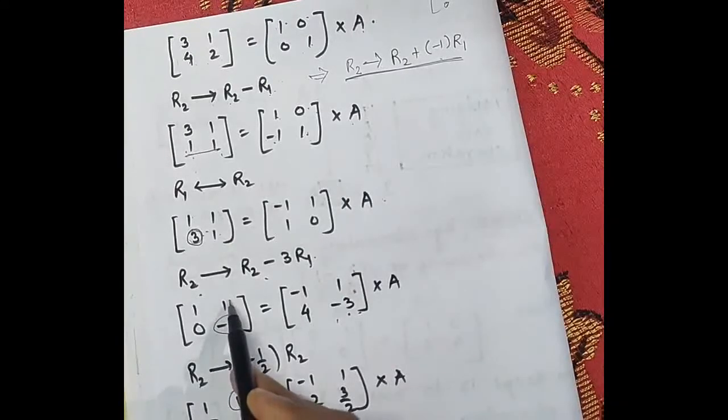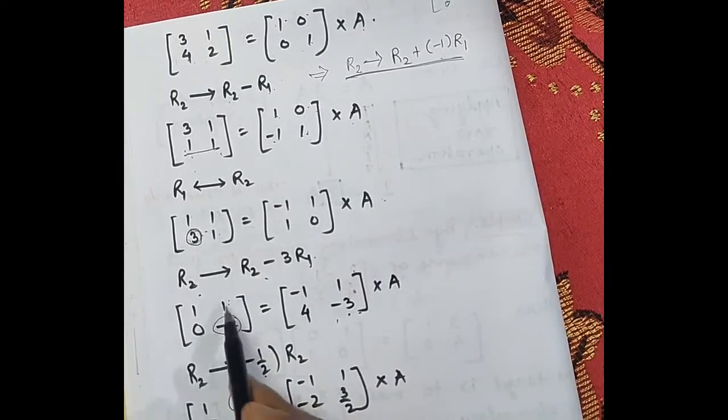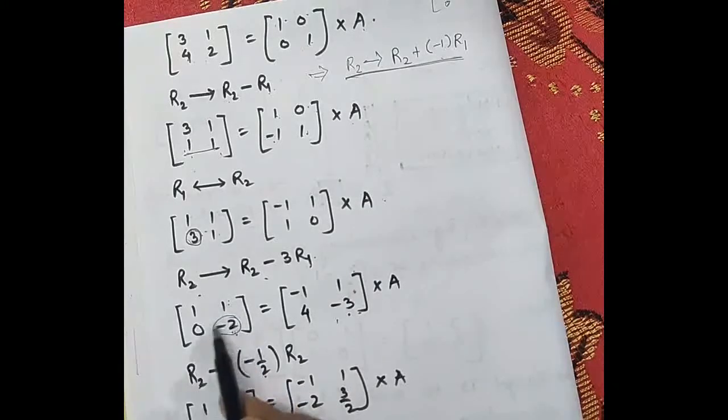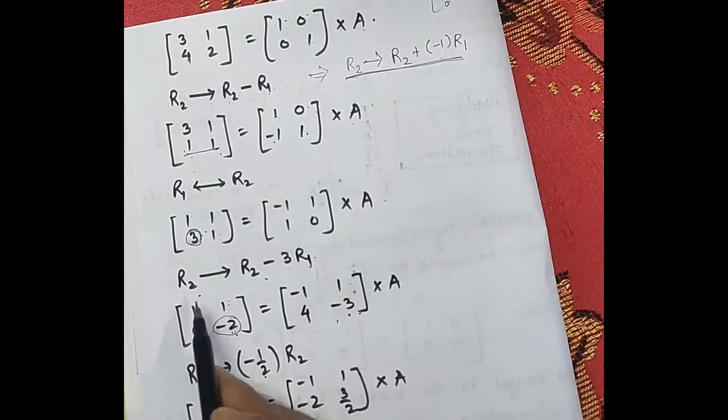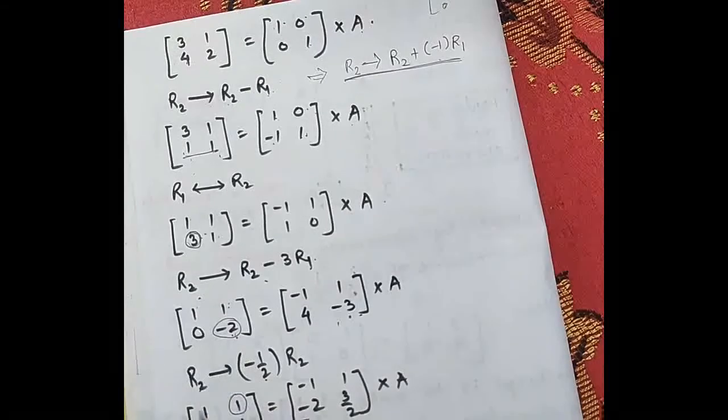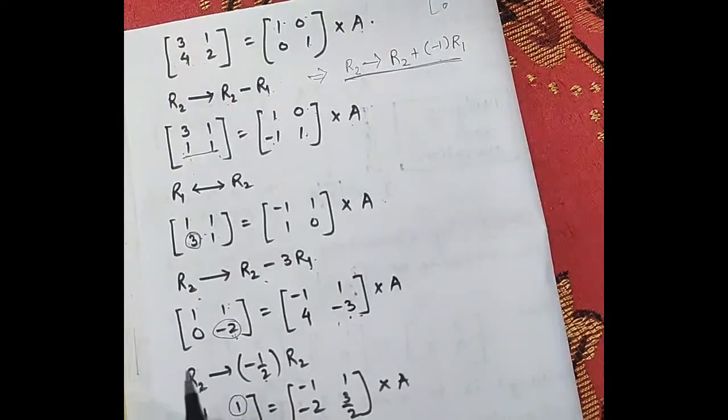Now our next target is to make this one into 1 or this one into 0. Anything you can do first. First step, always you have to make 1 0. If a 3 by 3 matrix is given, then you have to make 1 0 0. That will be the first step. After the first step, you can change whatever you want.